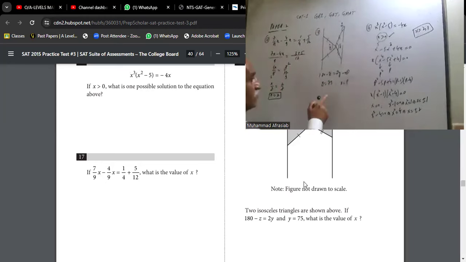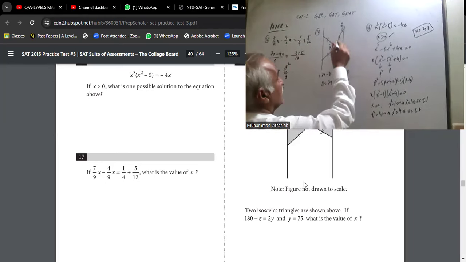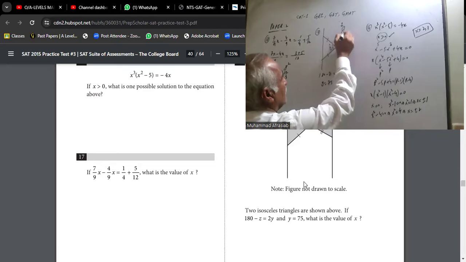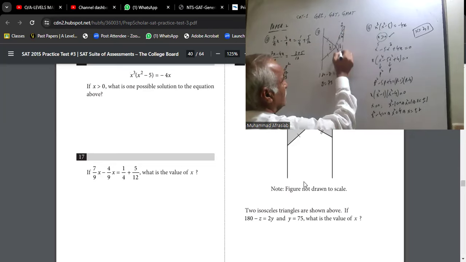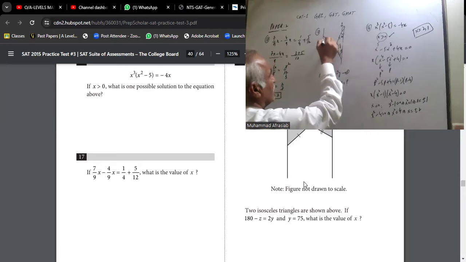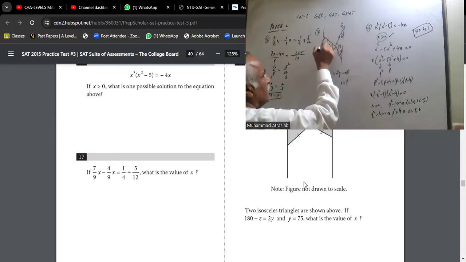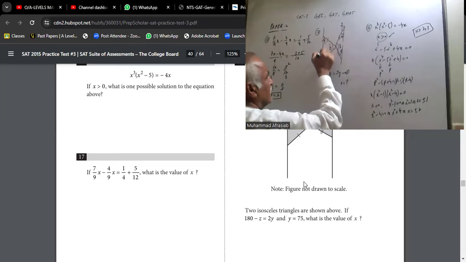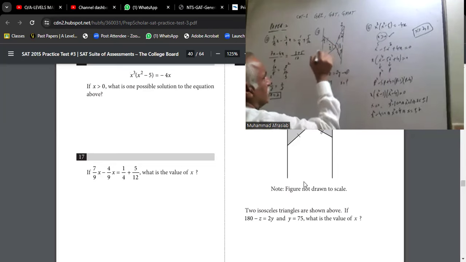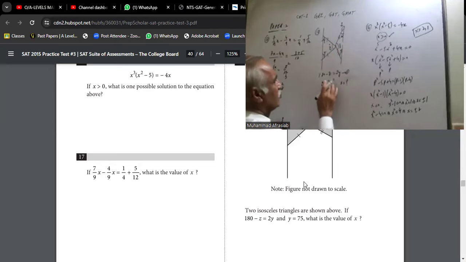Now, if this is z, then this angle is k, and this angle is k there. These two lines are equal, so if this angle is t, then this angle is also t there. So first of all, we put this value there, where y is equal to 75.